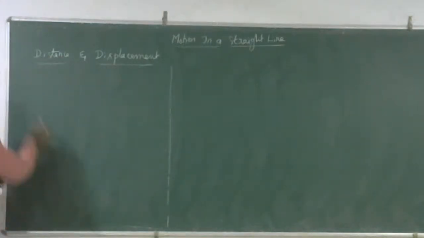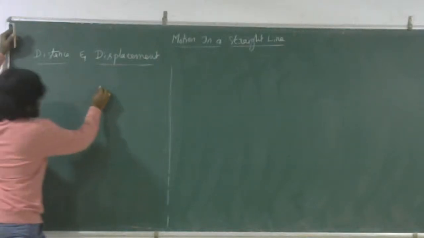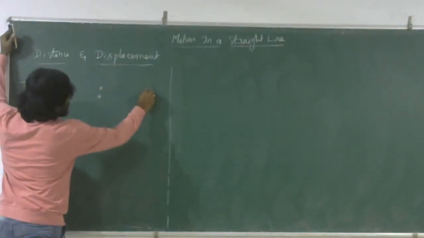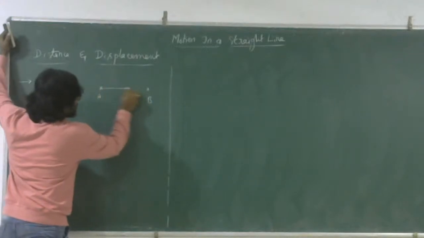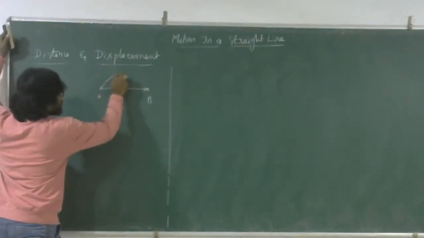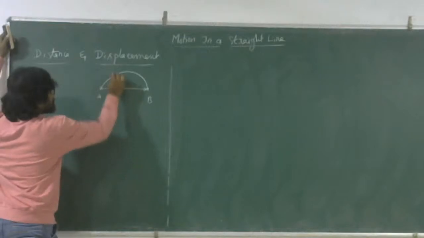See, let me give you one simple case. If a particle has traveled from point A to point B along this path and along this path, so this is path 1, this is path 2.